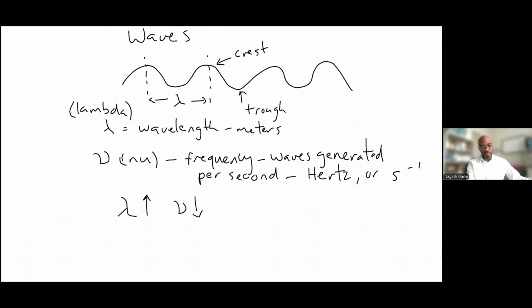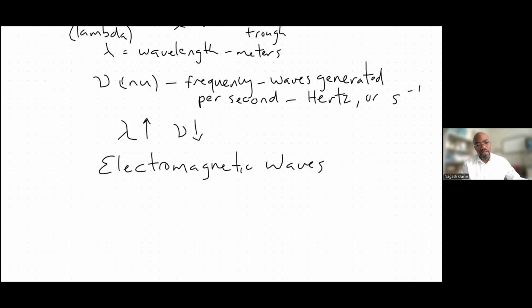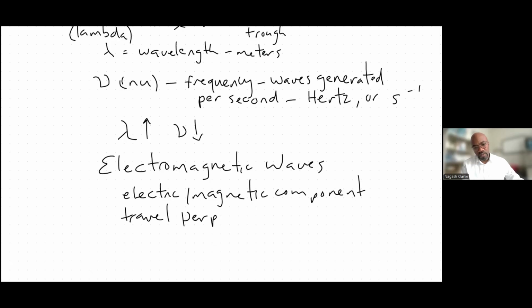With electromagnetic waves, these waves are called electromagnetic because they have electric and magnetic components that travel perpendicular to each other.